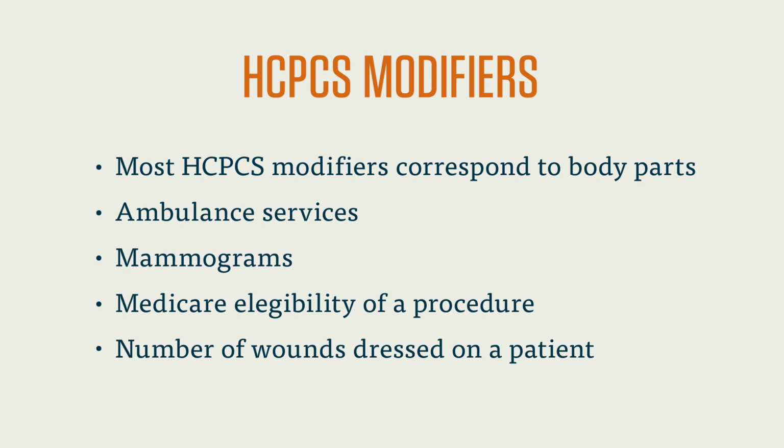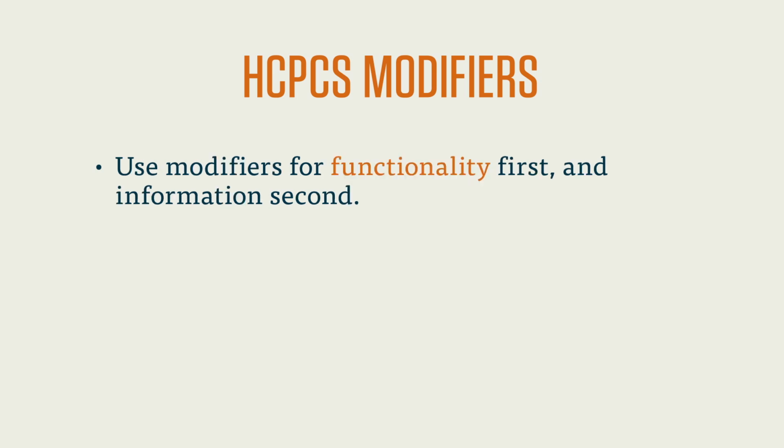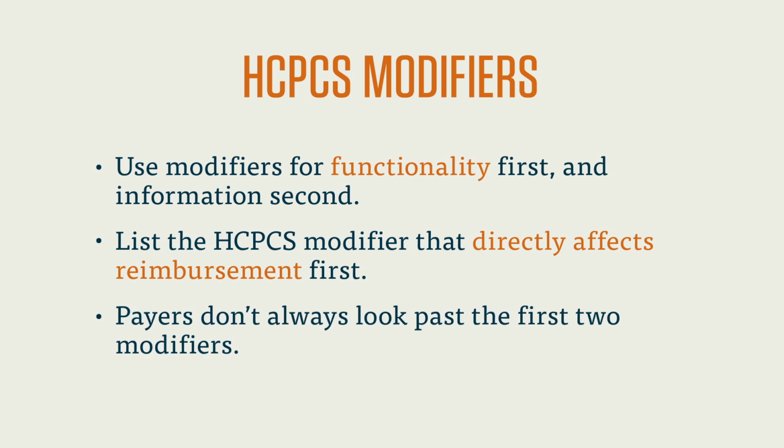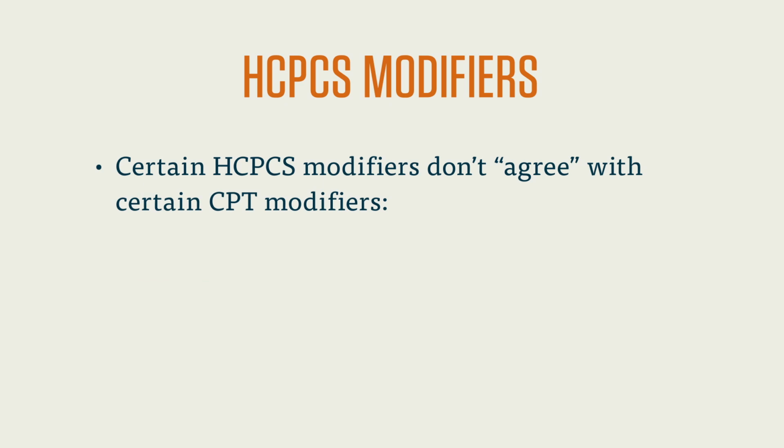As with CPT codes, we always want to use modifiers for functionality first and information second. That is, you'll want to list the HCPCS modifier that directly affects reimbursement first. Remember that while certain coding forms provide space for multiple modifiers, payers don't always look at modifiers listed after the first two. Note that certain HCPCS modifiers don't agree with certain CPT modifiers.